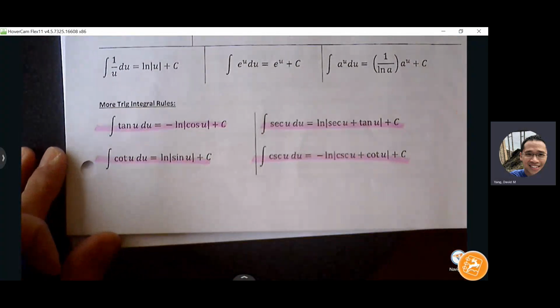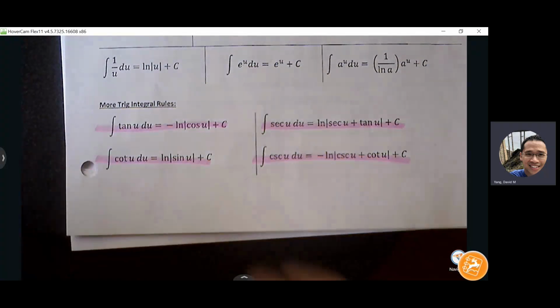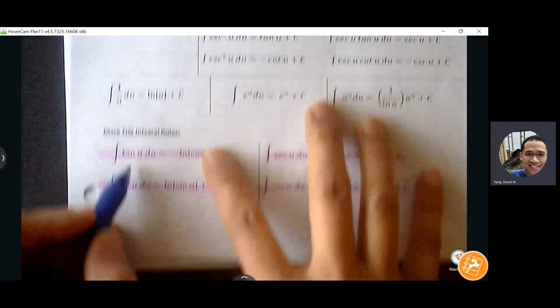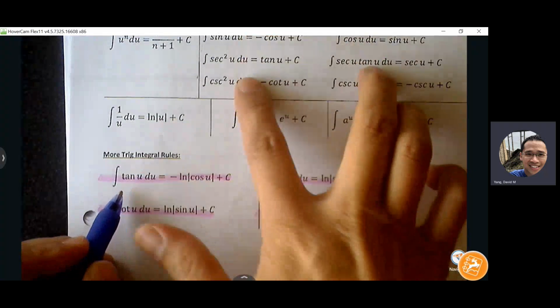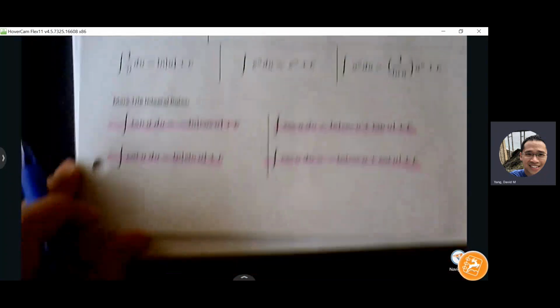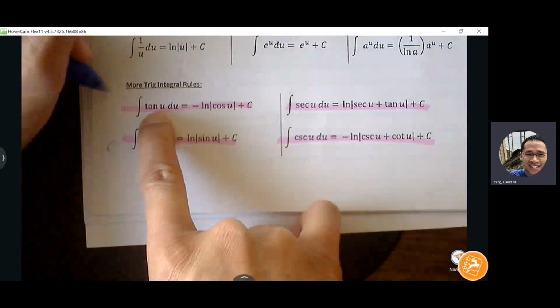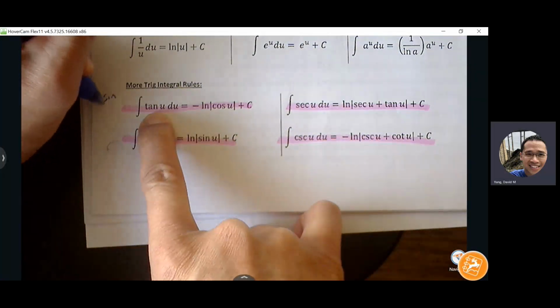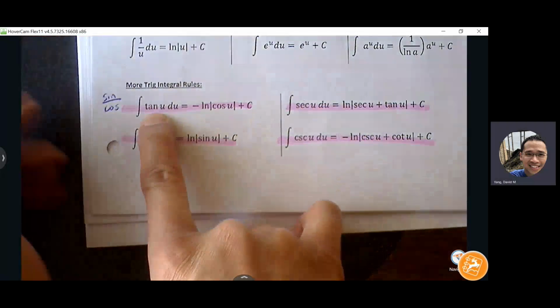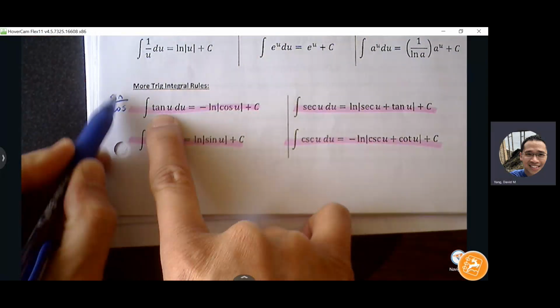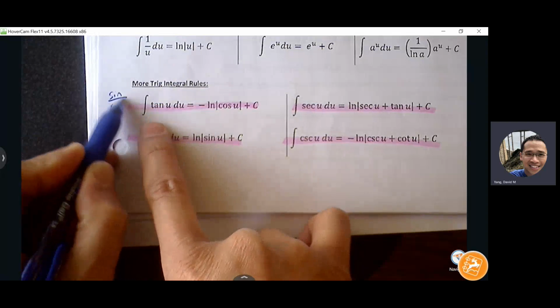So this is the way that I remember these rules. First off, I know that tangent doesn't show up in one of the 6, so I know that's got to be a natural log one. I think of tangent as sine over cosine. And because of u substitution, if I were to go through this problem, I would let the u value be cosine.